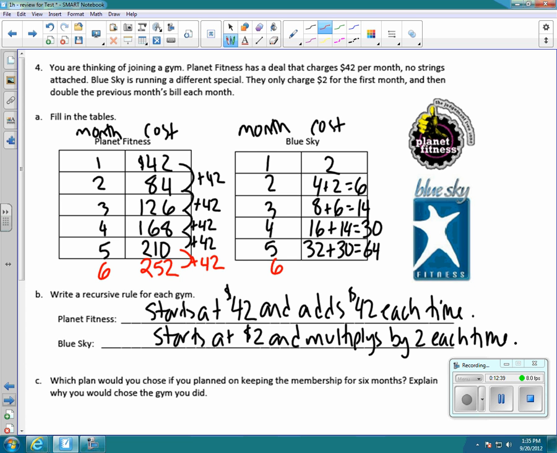Whereas in Blue Sky, if I take my 32, I'm going to multiply by 2, which is 64, and I add it to the 64 that I got from the one above, and now I've paid $128.